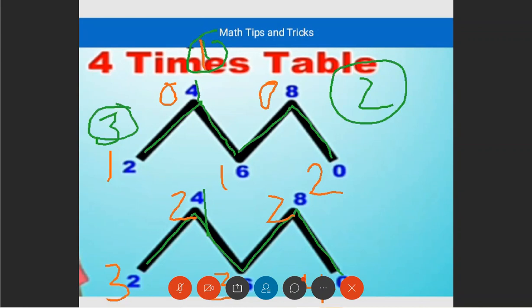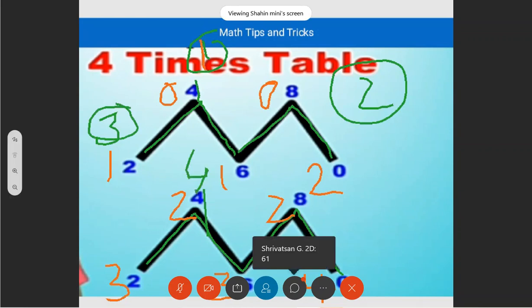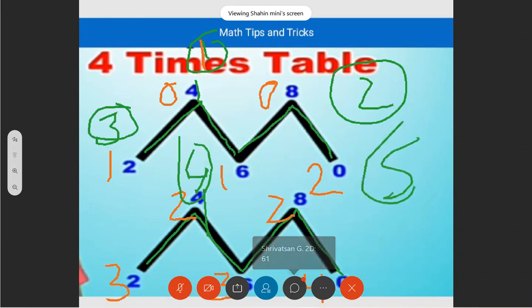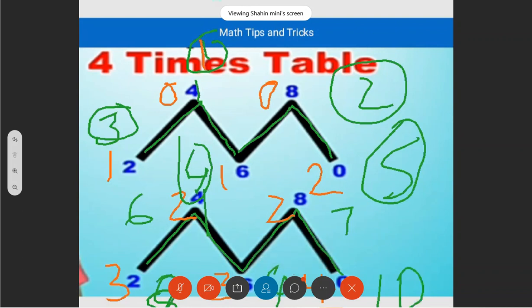Repeat with me, children. 4 fives are 20. 4 sixes are 24. 4 sevens are 28. 4 eights are 32. 4 nines are 36. 4 tens are 40. We got the table.